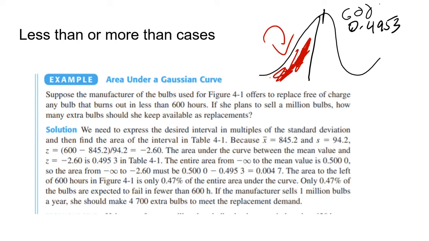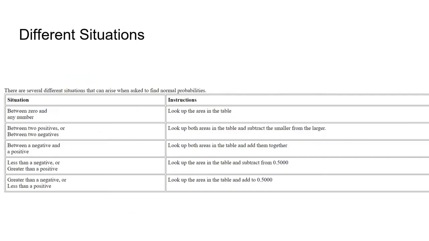What you're going to do is subtract that 0.4953 from half of the curve, 0.5, to get the final answer. That means the area is really, really small. About 0.47 percent of the bulbs are expected to fail in less than 600 hours.